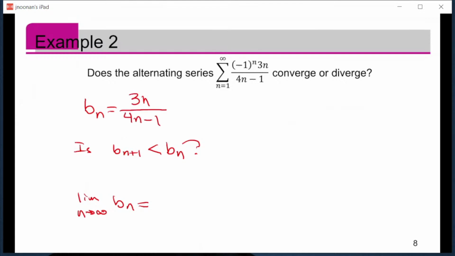Yeah, 3n over 4n minus 1. That's all you got. So start with that, and now answer the question, is b sub n plus 1 less than b sub n? And if you want to, you can skip to the last part if you're confused about that second question.